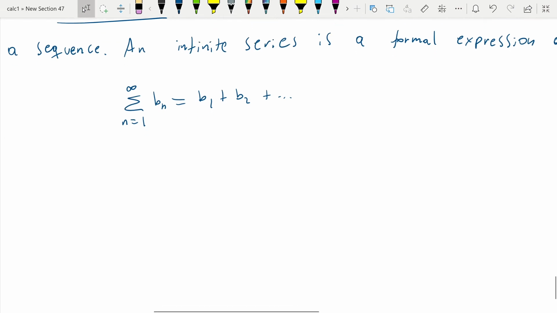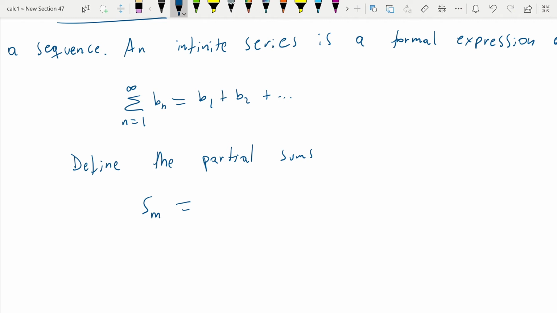What makes sense, though, is to define the partial sums. Here the partial sums are well-defined objects. So S_m is defined as the sum from n equals 1 to m of b_n.